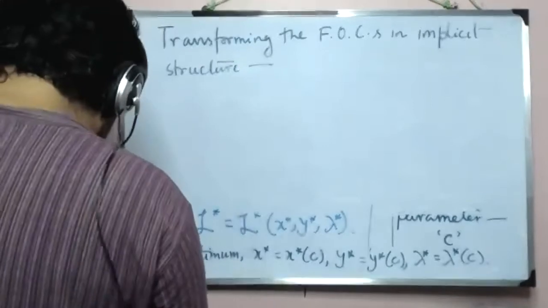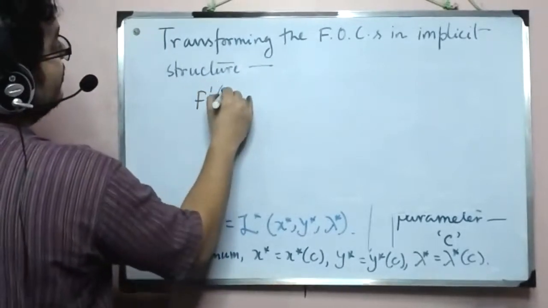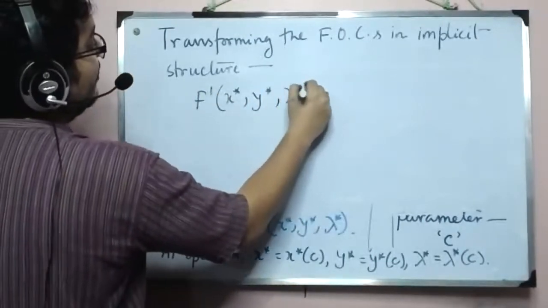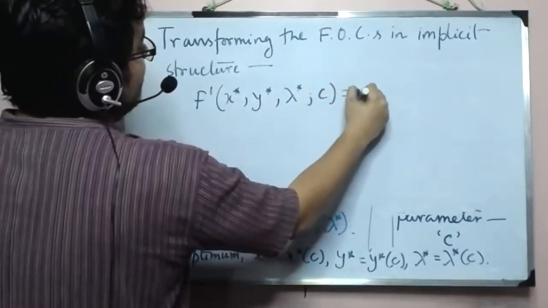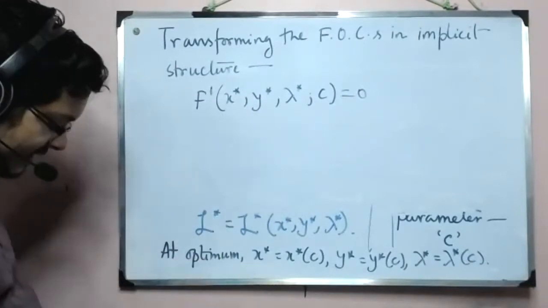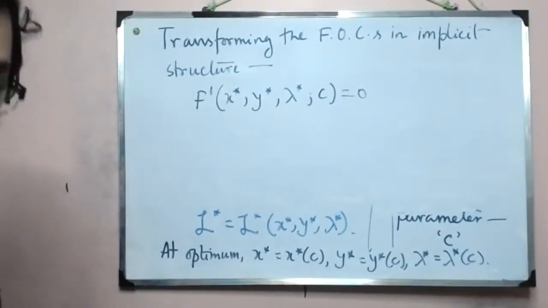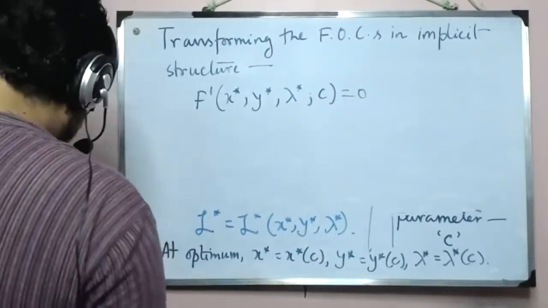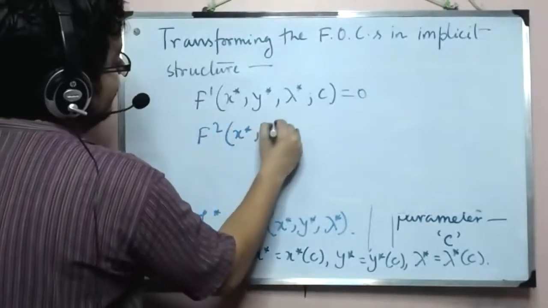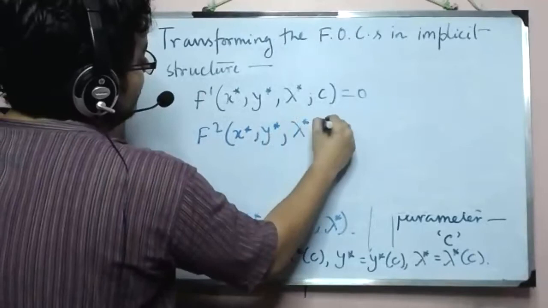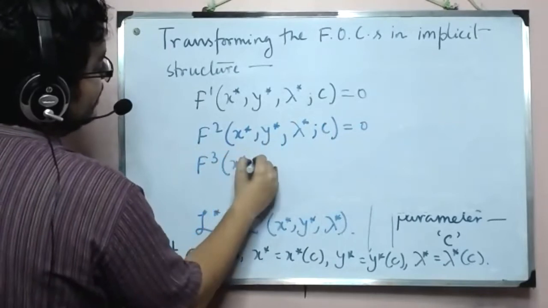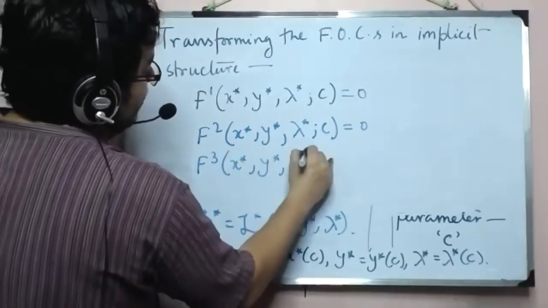We can write this as F1, our first function, of x star, y star, lambda star, and the semicolon, then C. That shows that here you have C as a parameter. And note that all are written with a star, so that means we are working in equilibrium, right? Everything that we're going to get is at equilibrium. Never forget that, because if you write it in general, then whatever you write will be wrong. The result holds in the proximity of the equilibrium.